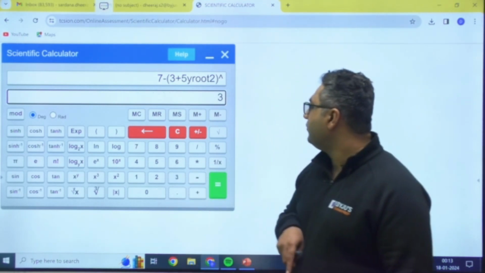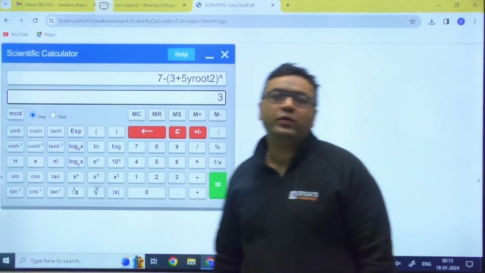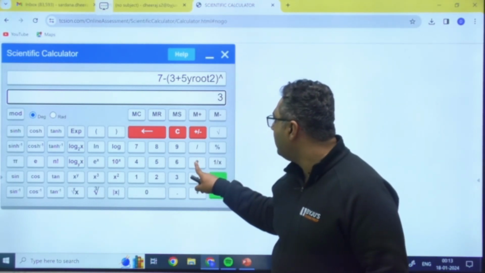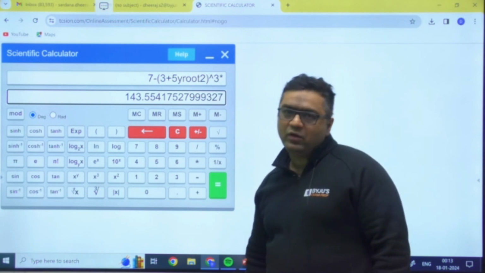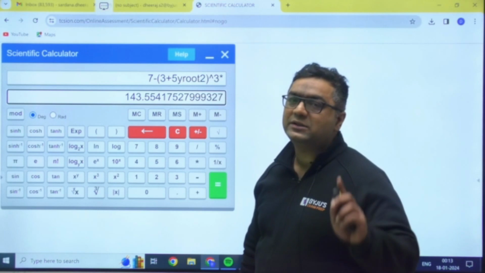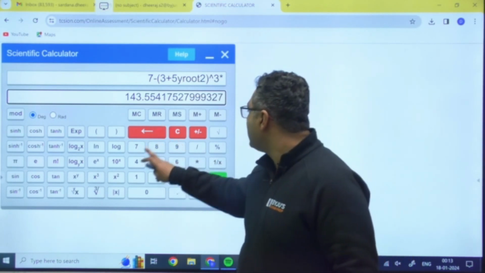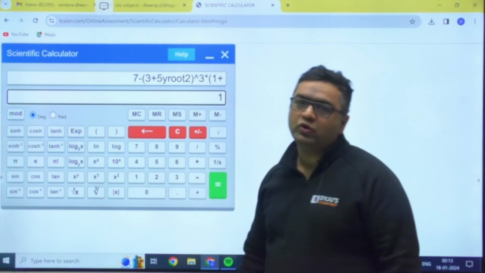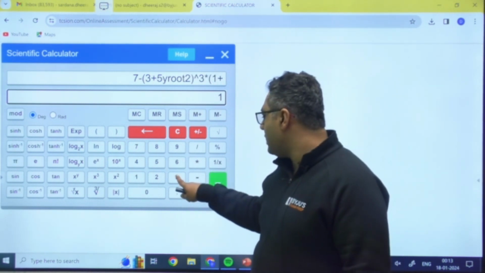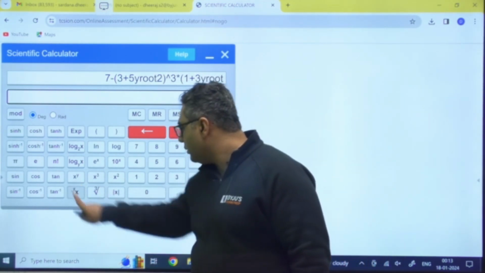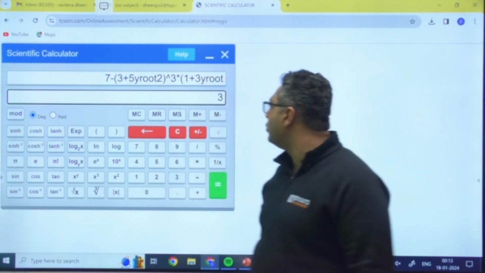After that we are going to multiply it with one more number, so we would be going for the multiplication. Then we are having 1 plus cube root of 3, so once again we have the bracket, 1 plus, then cube root of 3. We put the number 3 first, then the function, and then the cube root.